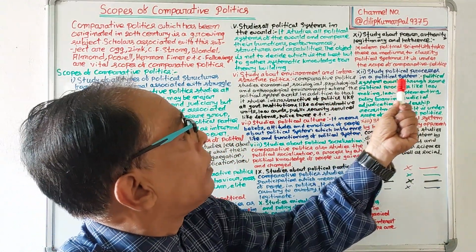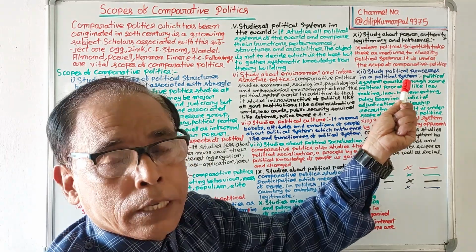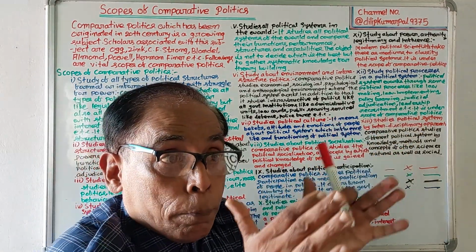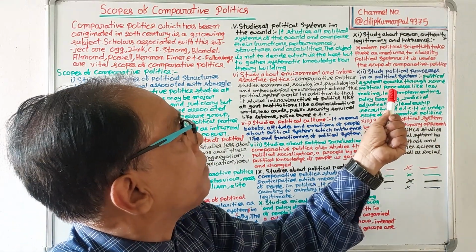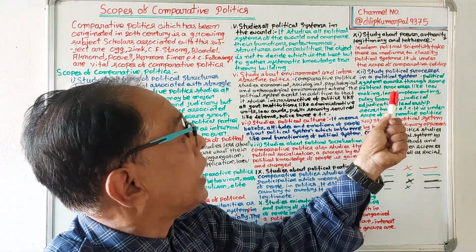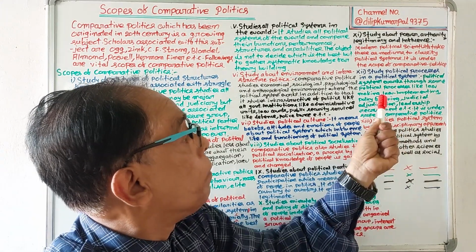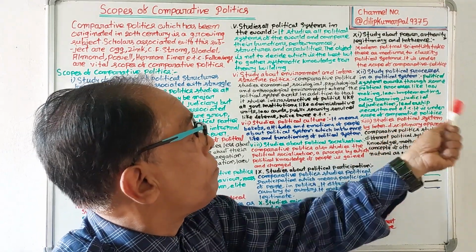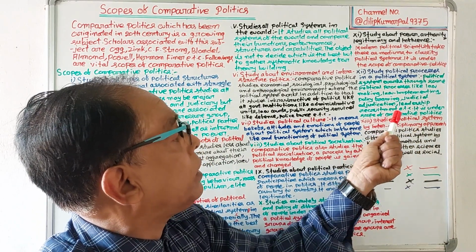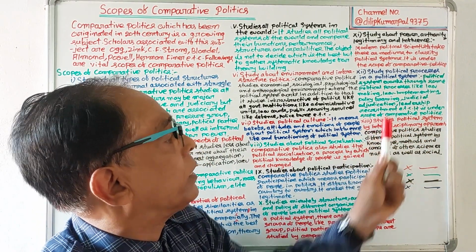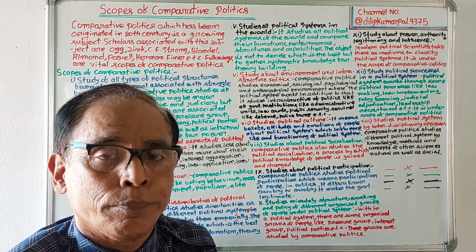Twelve. Study political processes in a political system. Political system works through some political processes like law making, law implementation, policy framing, judicial adjudication, leadership recruitment, etc. It is under the scope of comparative politics.